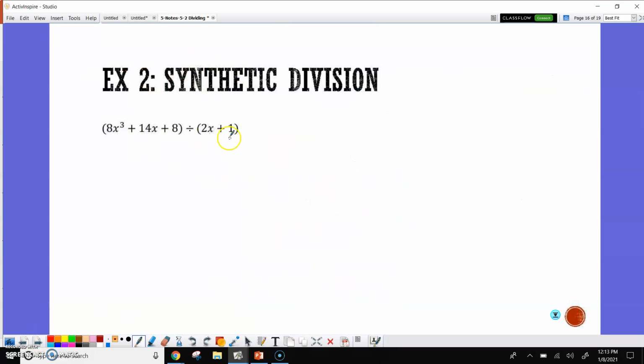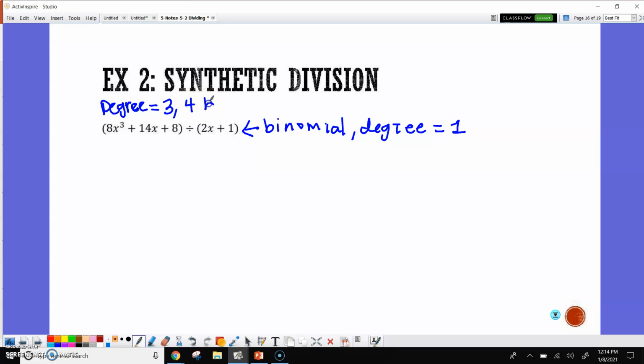This one is a little different. Now this is still a binomial. And the degree is still 1. So we can use synthetic division. Here the degree is 3. So I need 4 boxes.